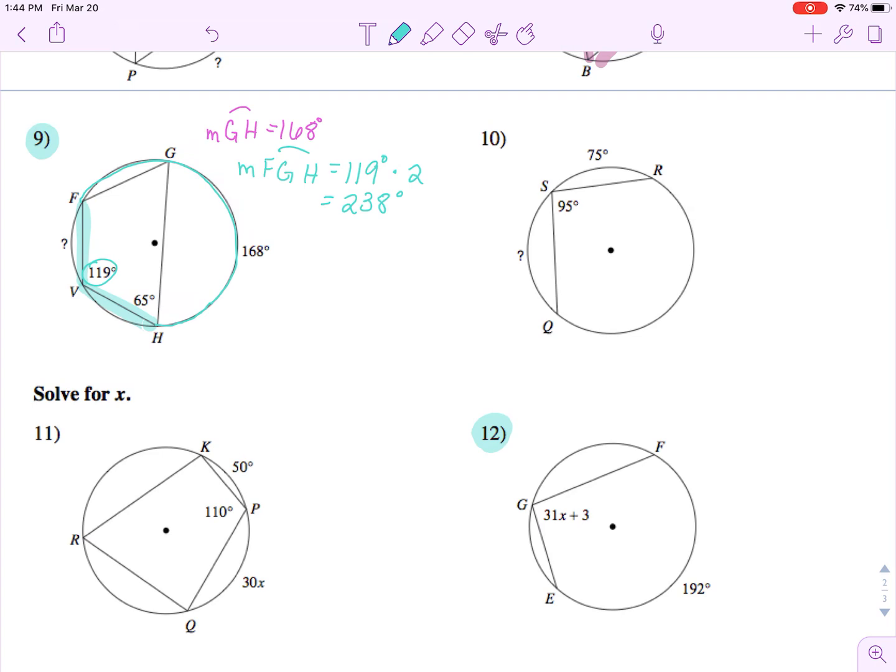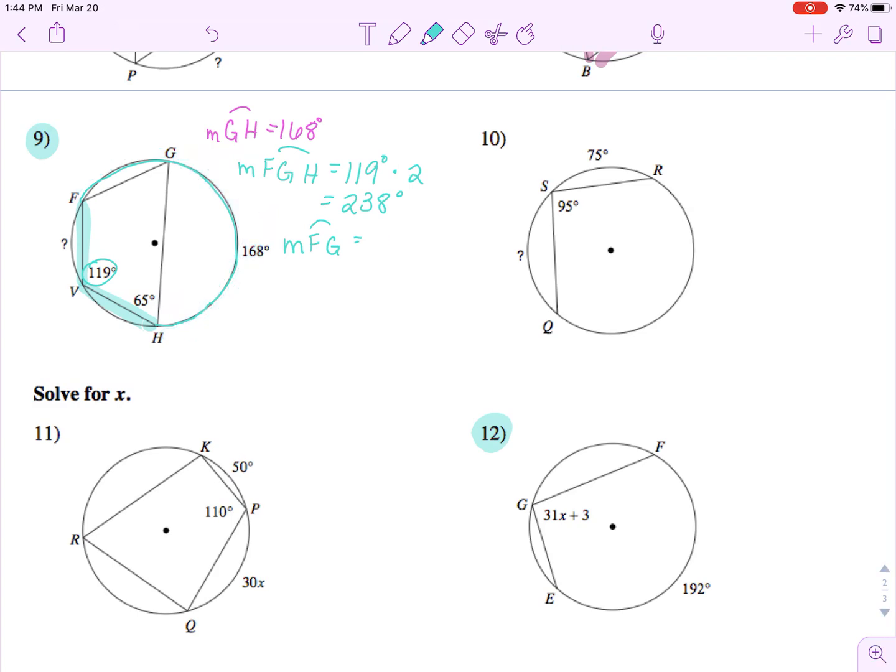Now we can use that to find the measure of arc FG. So let's go ahead and do that. So the measure of arc FG, we know that together FGH is 238 degrees. And then if I know that arc GH is 168, I can find the leftover piece.